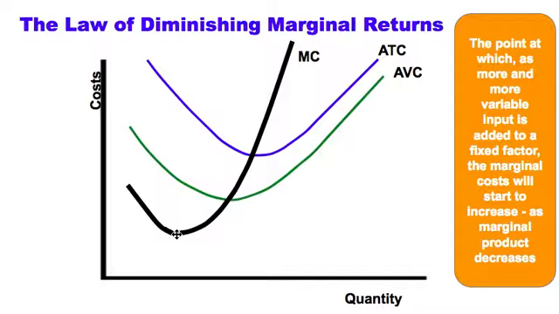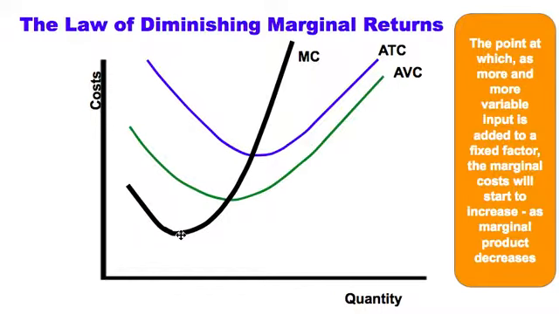And this is where we see the law of diminishing marginal returns. Okay, so this is the point at which, as we add more and more variable input, like let's say we keep adding labor, think about our Mickey Mouse experiment, where we keep adding a worker. At first, you're more productive and cost per unit decreases.